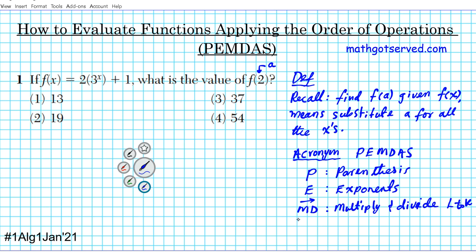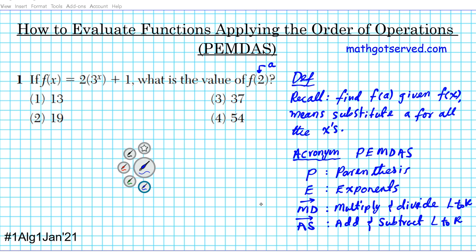And if the division is on the left side of the multiplication, then you do the division next, okay? But you do these two at the same time. The last two operations to execute when simplifying expressions using the order of operations are the addition and subtraction operations. Okay, so these are similar to M and D. You add and subtract from left to right. Okay, the same time.